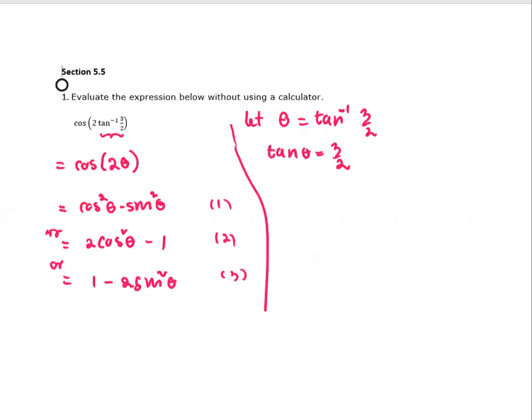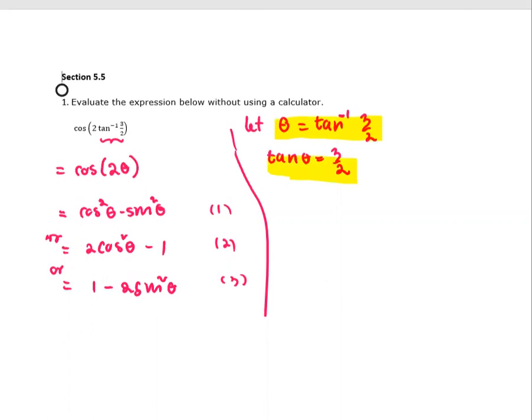So how do we find those? From the relationship that the angle theta is an inverse tangent of 3 over 2, or the tangent is 3 over 2. By the definition, the tangent of an angle is the opposite side divided by the adjacent side of the right triangle. From the right triangle diagram, for an angle theta, the opposite side is 3, the adjacent is 2.